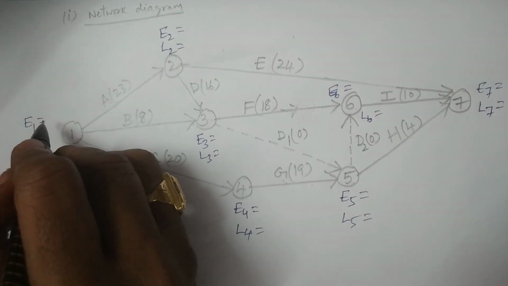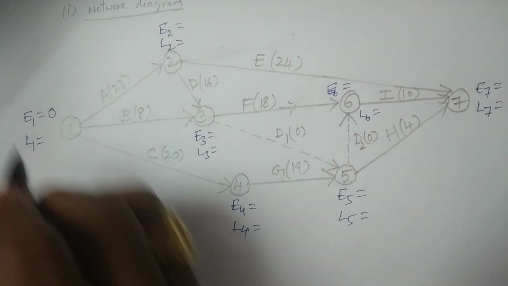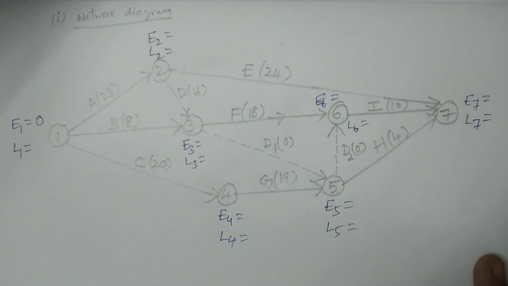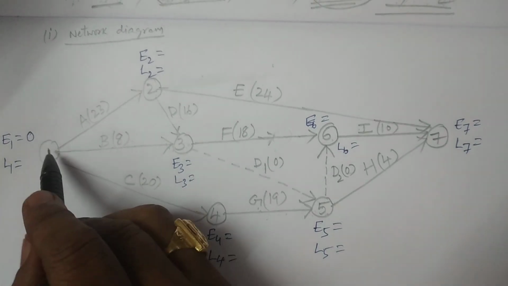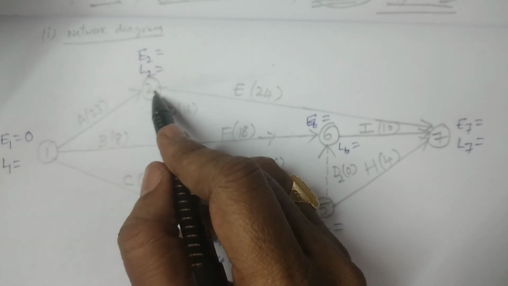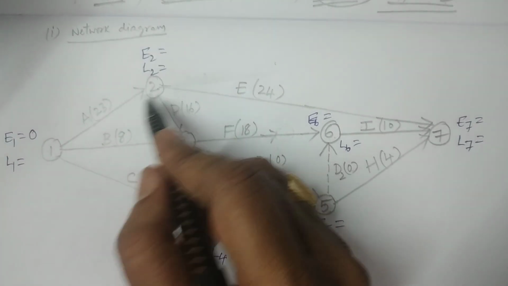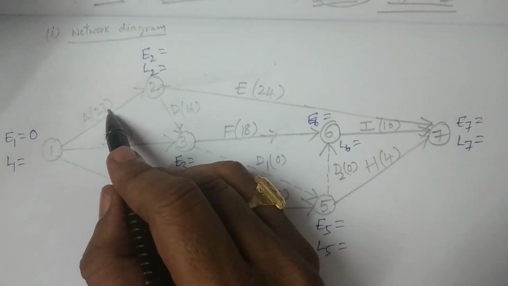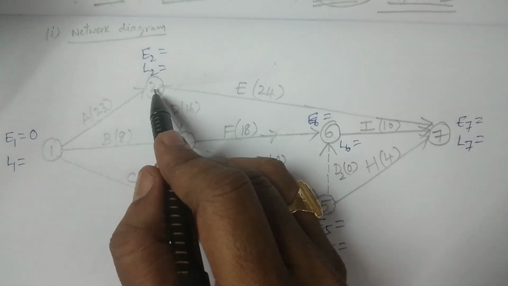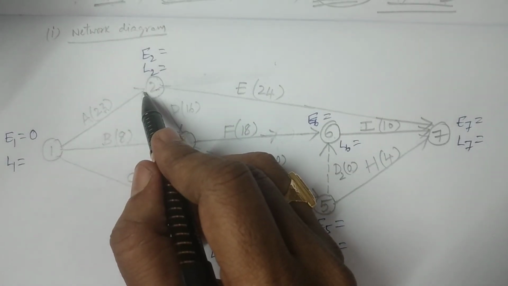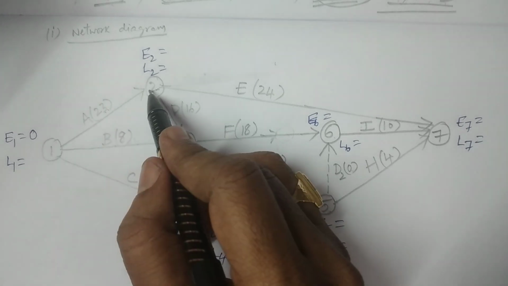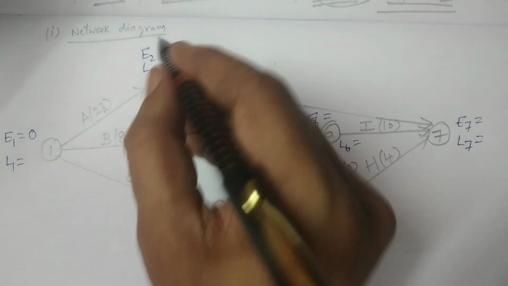You know that first of all we have to consider E1 equal to 0, the starting time, the earliest time, as 0. Next you move to the second event. E plus D, that is 0 plus 23, because we have only one connector. 1 is connected to 2, therefore 0 plus 23, it is 23.